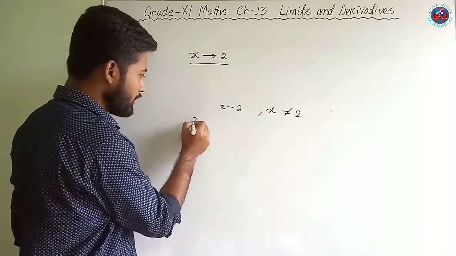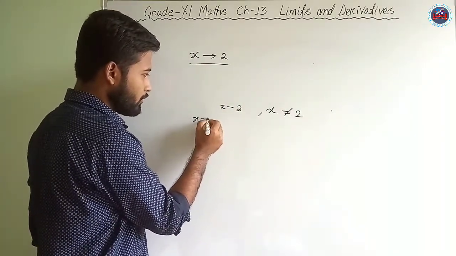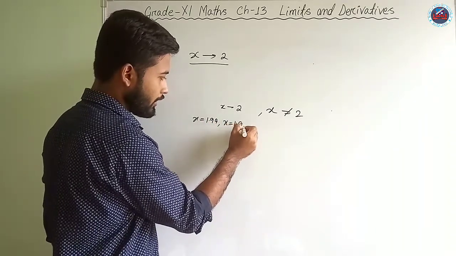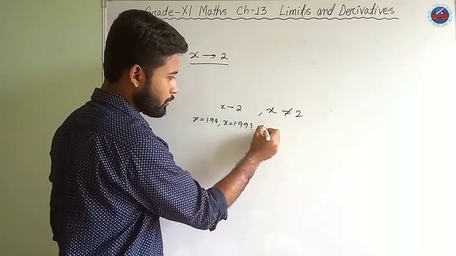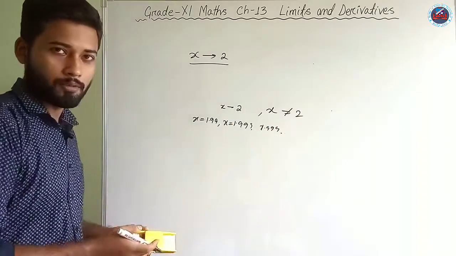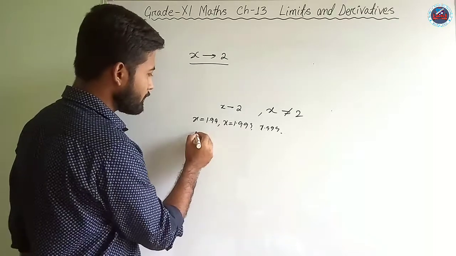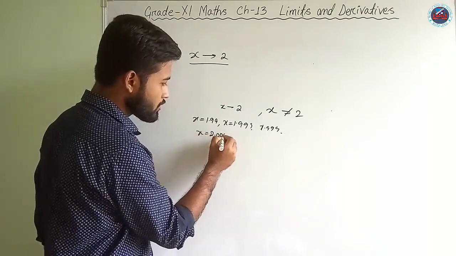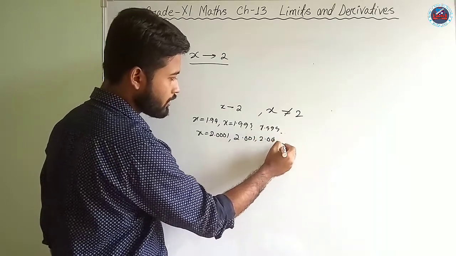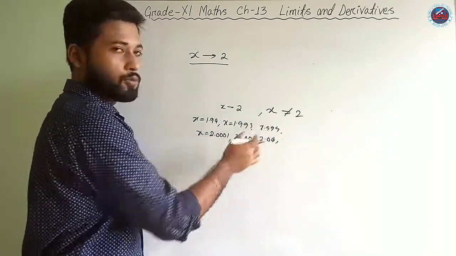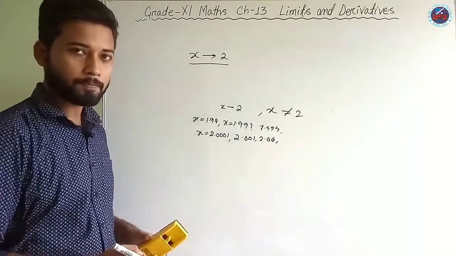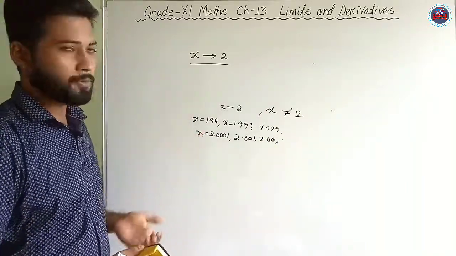This means that the value of x might be 1.99, or 1.999, or 1.9999, that means the nearest thing to 2. Similarly, we can take the values x equal to 2.0001, 2.001, 2.01 and so on, but not 2. In both cases we did not take 2, isn't it? So this is the concept of tending.